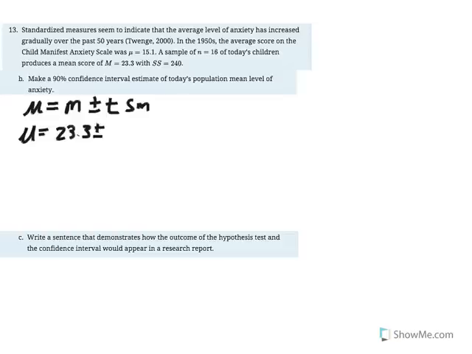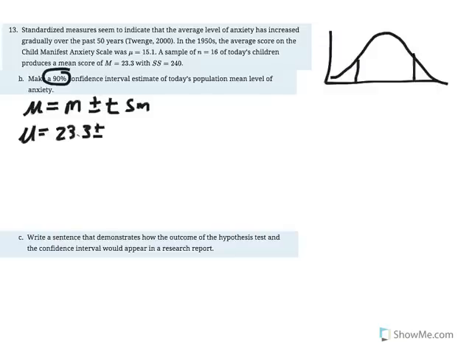And then plus or minus, and this is a bit of a warning. This t-value is not the t-statistic that we just calculated. This t-value is coming from our t-table, and it is in relation to the percentage of confidence that we have determined. So we're going to use our t-distribution, and what we want to look up is given this range.